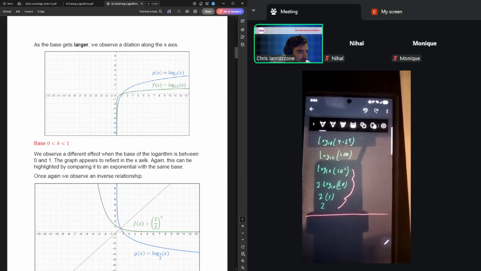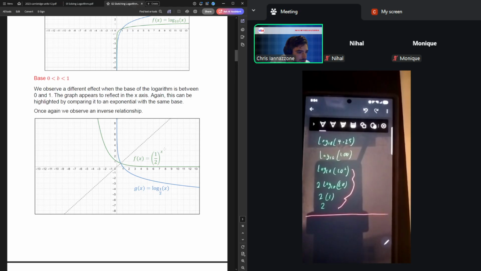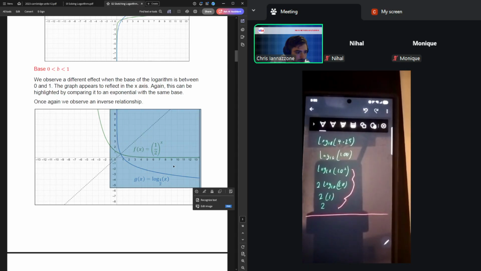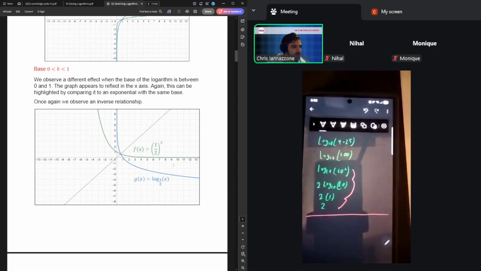However, if you had a base between 0 and 1, like the exponential, half to the power of x, you ended up having a reflection across the y-axis, or at least an effective reflection across the y-axis. So if the logarithm is to still be an inverse function, it should still be symmetrical about the line y equals x, and for that reason, instead of having a flip in the y-axis, because it is an inverse, it's a flip in the x-axis now. Instead of going from bottom to top right, it now goes top to bottom right. You get a flip vertically as opposed to horizontally.